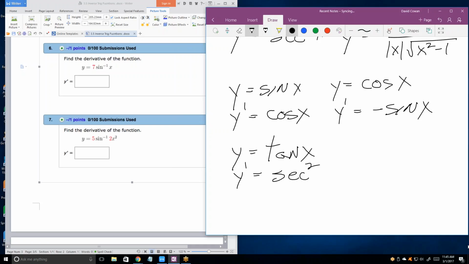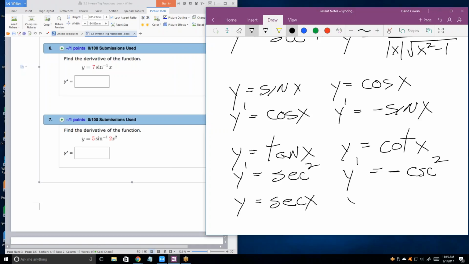Well, if y is the cofunction, which is cotangent, then I know that the derivative is the negative of the cofunction. It's the negative of secant's cofunction, which is cosecant squared. And finally, the third one would be the derivative if the function is secant of x.